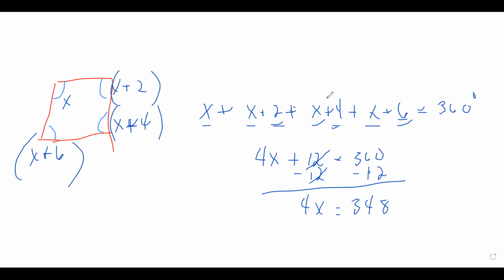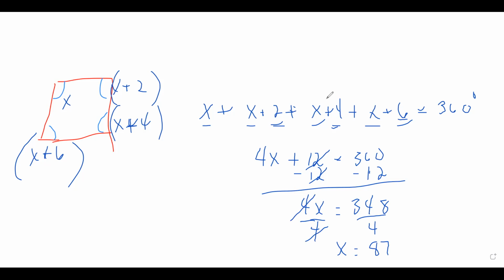So now I'm going to divide both sides by 4. So I end up with x equals 348 divided by 4, which is 87.